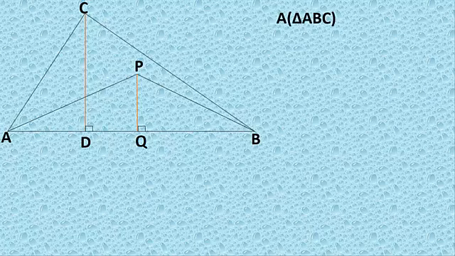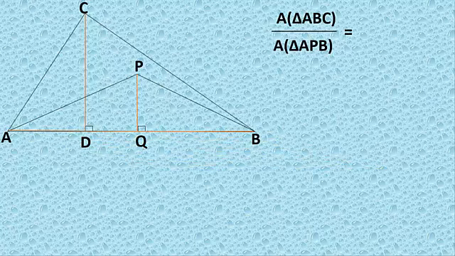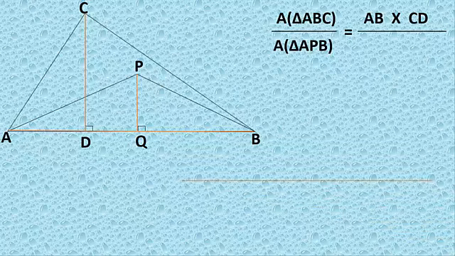Then we take the ratio of areas of two triangles, that is area of triangle ABC divided by area of triangle APB is equal to, in numerator, triangle ABC, its base is AB and height is CD. Then we get base AB into height CD divided by, for triangle APB, base is AB and height is PQ. Then its value, base AB into height PQ.